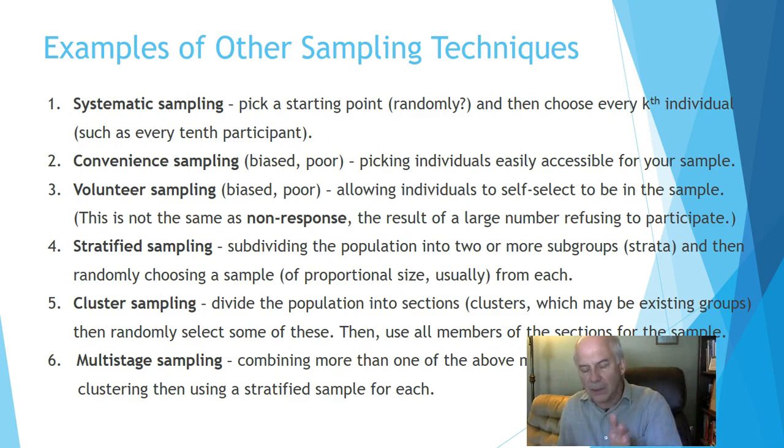It's like you open a phone book, and then you take every 20th name that you see, and that's going to be your sample. Now that's called systematic sampling, where you pick some starting point and then choose every kth name or thing.